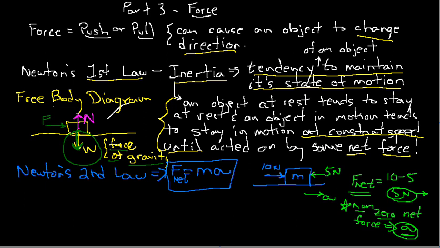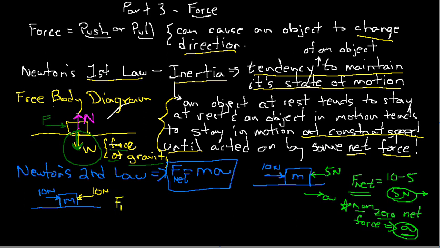Let's take another example here. Suppose we have the same box of mass m, and I push here with 10 newtons of force, and you push this way with 10 newtons of force.